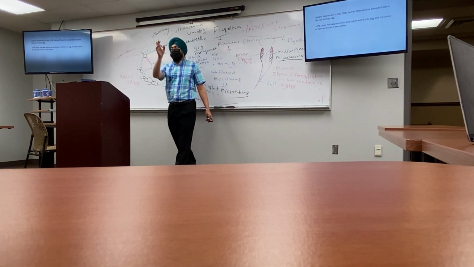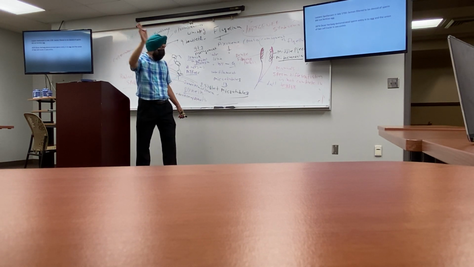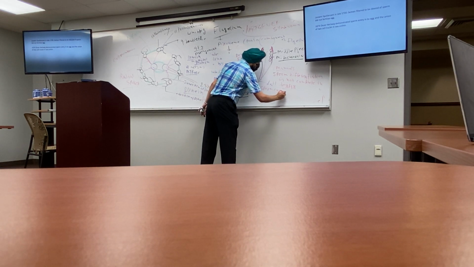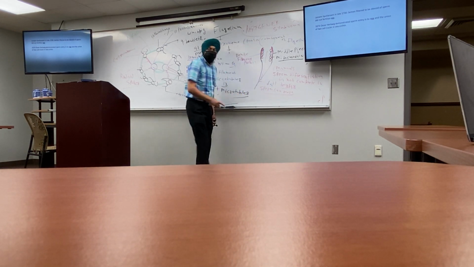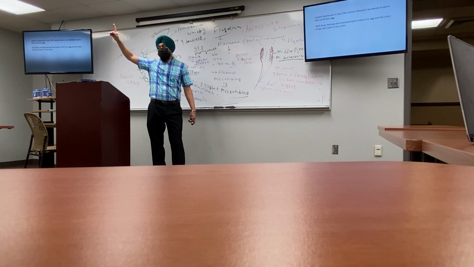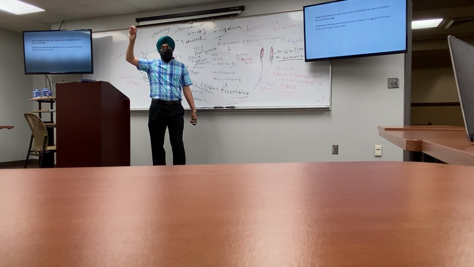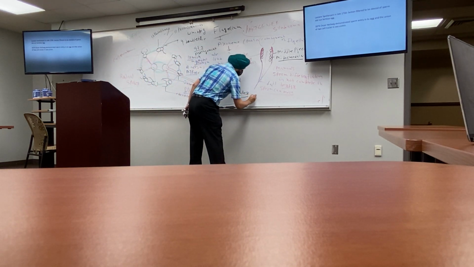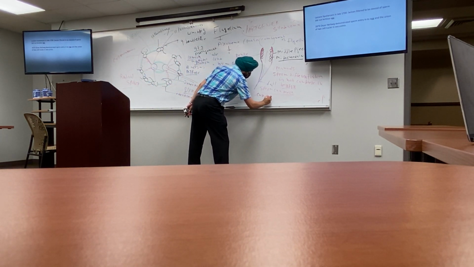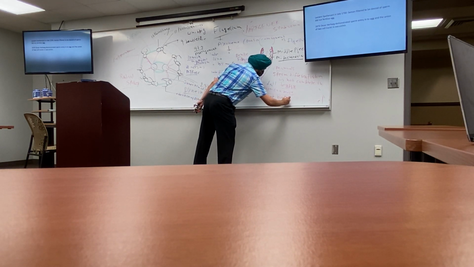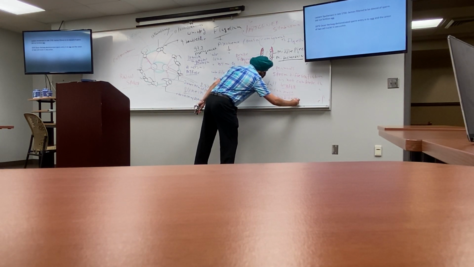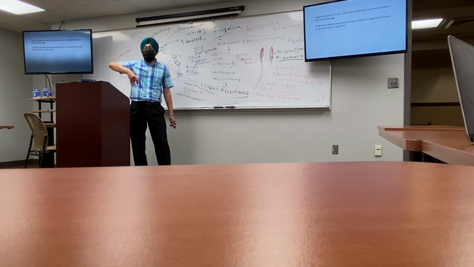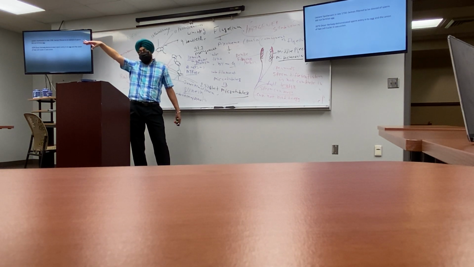So although the sperm can move, it cannot fertilize the egg. Sperm has the capability to move, but it cannot fertilize the egg. Therefore, it cannot bind to the egg. And that process of further development takes place in the female reproductive tract.